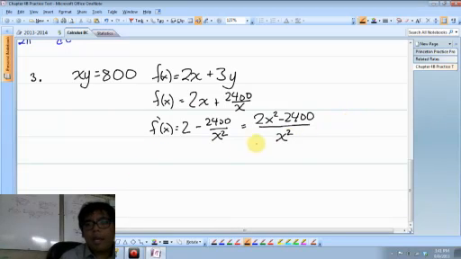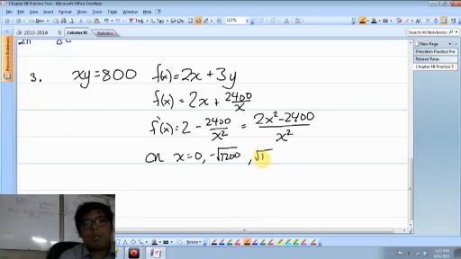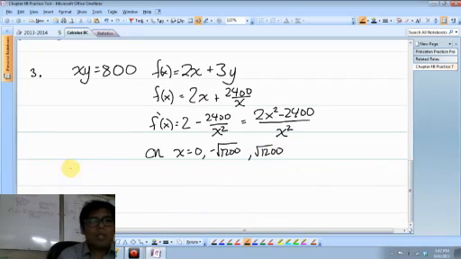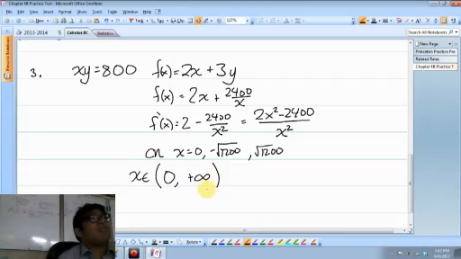Okay, and that gives us critical numbers: x equals 0, negative root 1200, positive root 1200. We're also told that x is a positive number, so we're going from 0 to positive infinity.